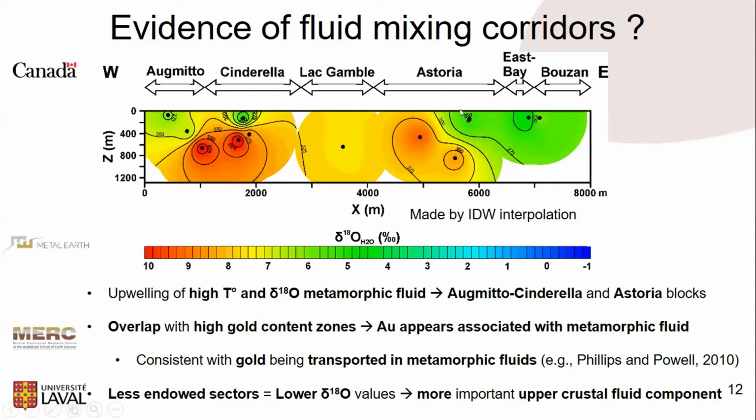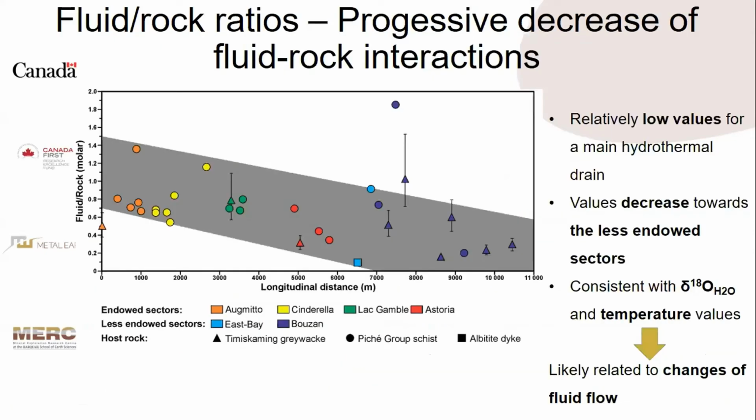However, what's interesting here is that the less endowed sectors are characterized by lower delta 18O values, which is interpreted as a more important upper crustal fluid component. We then computed the fluid rock ratios, and we can see a similar trend. In general, the fluid rock ratios are pretty low for a main hydrothermal drain.